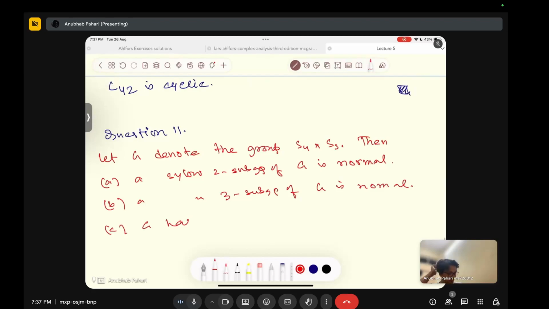Option C: G has a non-trivial normal subgroup.